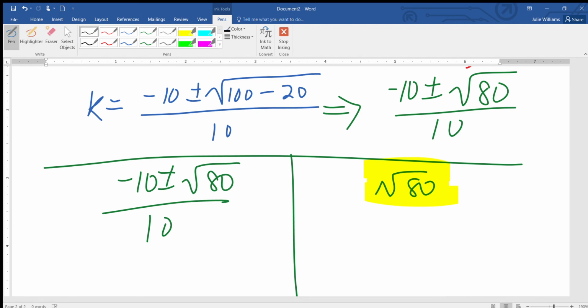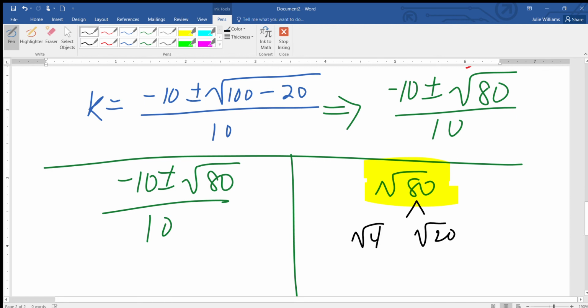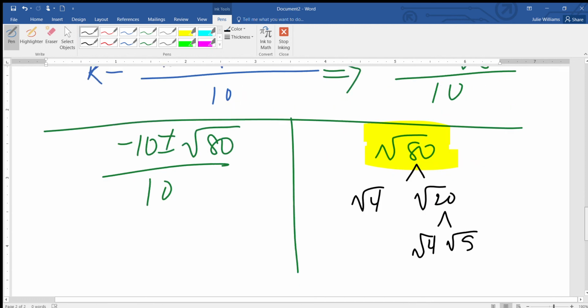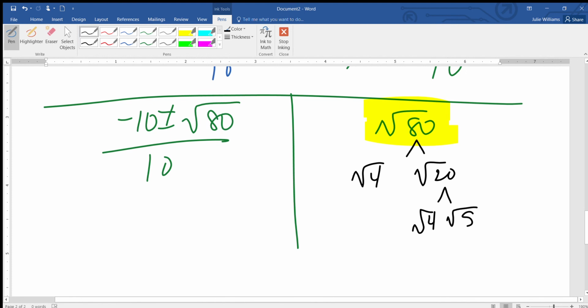So we definitely could do the square root of 4 and the square root of 20, right? But that's also the square root of 4 and the square root of 5. So square root of 80 could be broken down to the square root of 16 and the square root of 5, right?